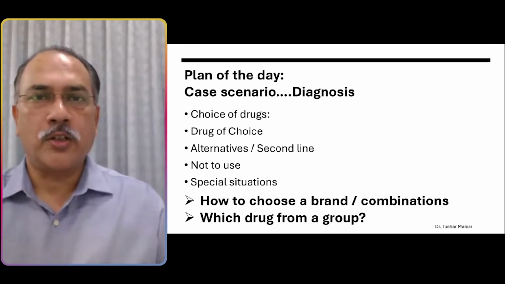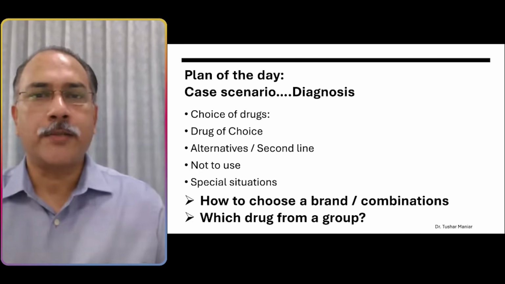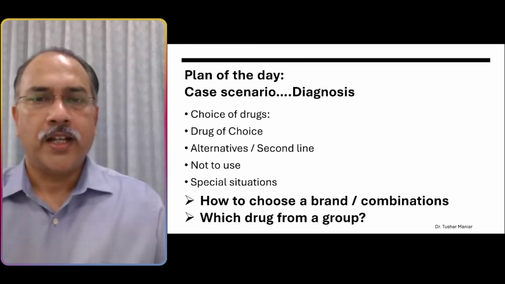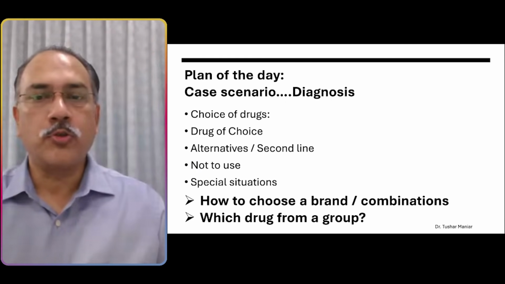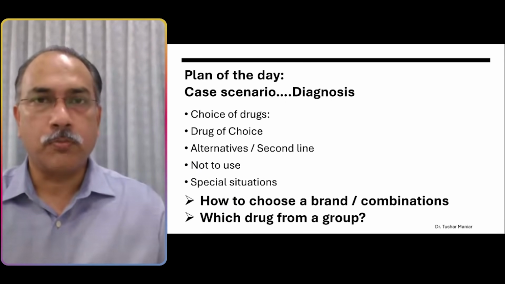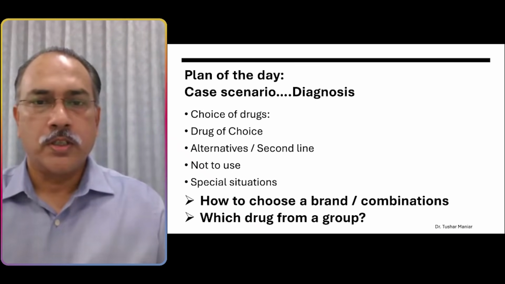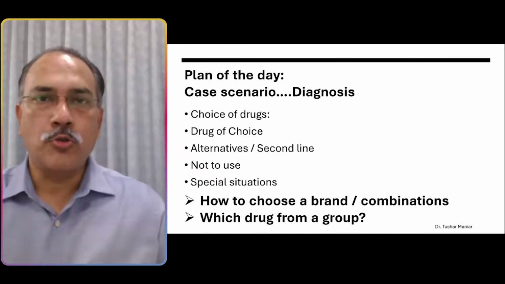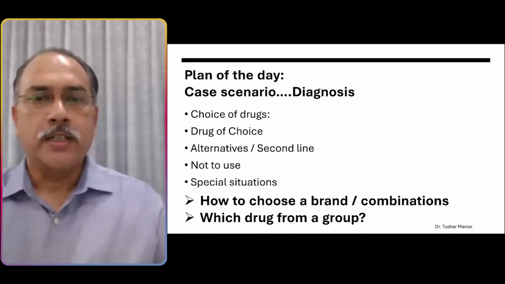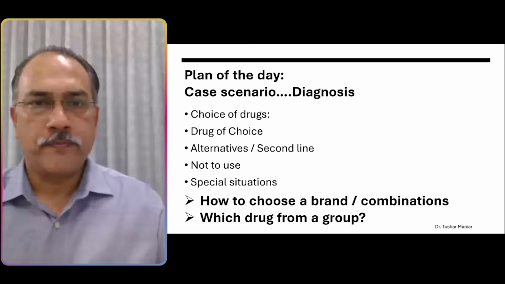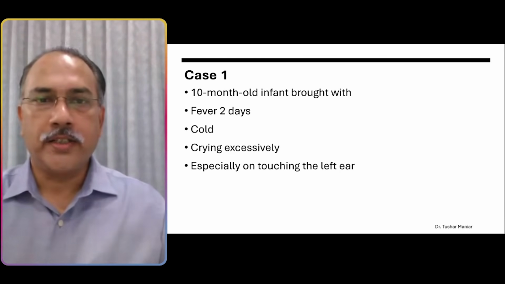And apart from the run-of-the-mill situation, if there are any special situations for that diagnosis, we will be discussing them. And of course, we will touch upon how to choose a brand or particular combination once you have decided on the particular compound. Also, if you have to choose from, say, antipyretics, which drug to choose, we will try to highlight. Let me get started straight away.